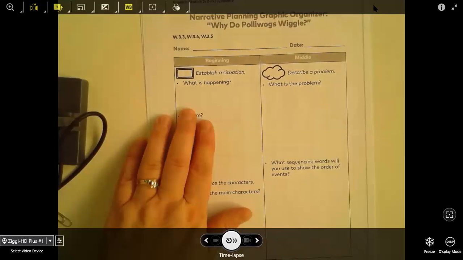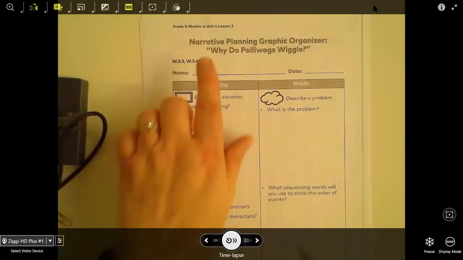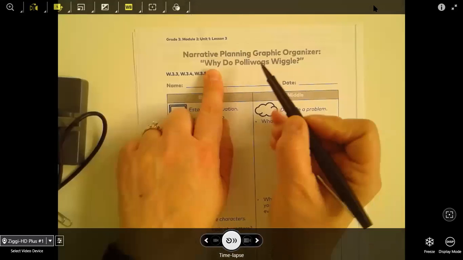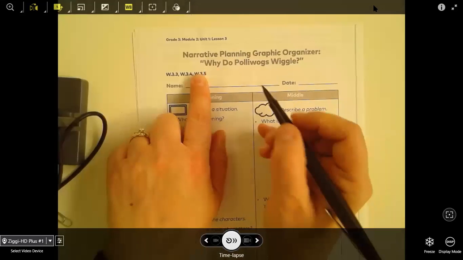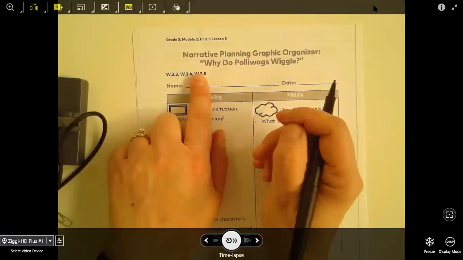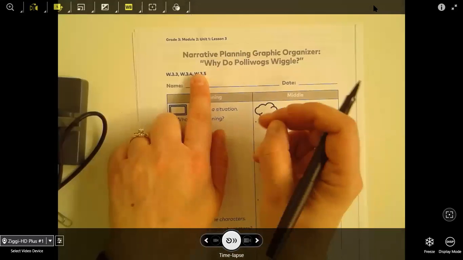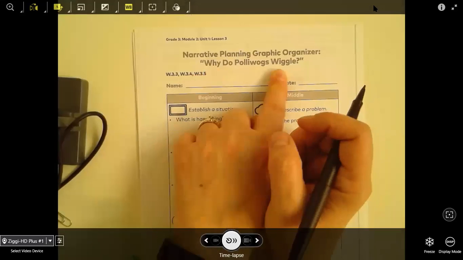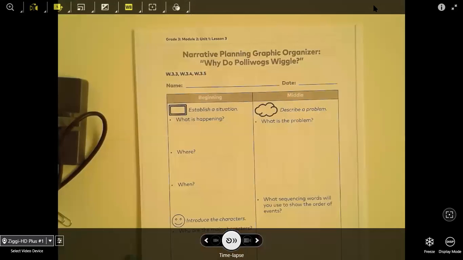Our question that was chosen for us, oh, Mr. Nixon, that better go in a pocket or it's going to go in my green bucket. You don't want it to go in the green bucket. Why do pollywogs wiggle? Remember our pollywog poem, about how they wriggle and shiver and quiver and jog and all those great words?